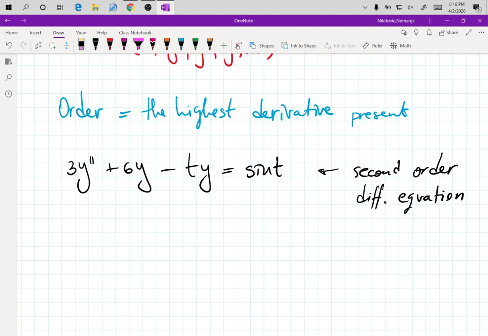You can have 3x y to the fourth y prime minus sine x, because I started x as an independent variable in this one, equals 4. This one is first order.